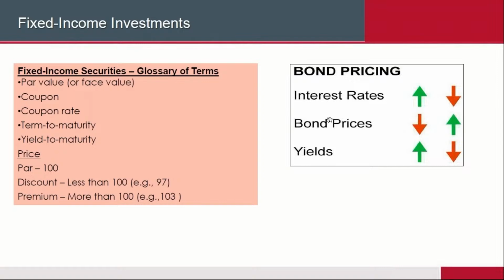So going back to our question here, okay, thank you. So the bond price, if interest rates go up, the bond price goes down and the yields go up. If the interest rates go down, the bond prices go up and the yield obviously goes down. In other words, the bond prices increase in value, so they're basically more expensive.